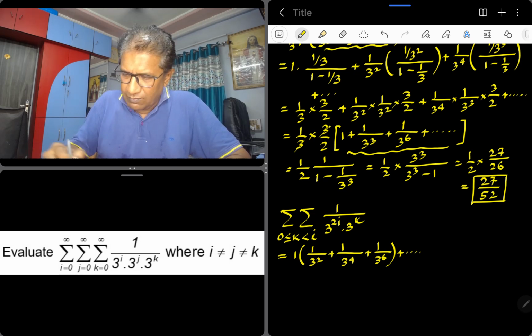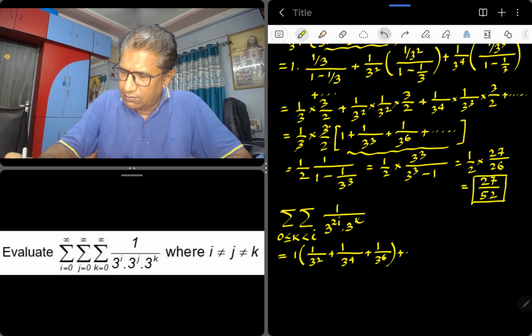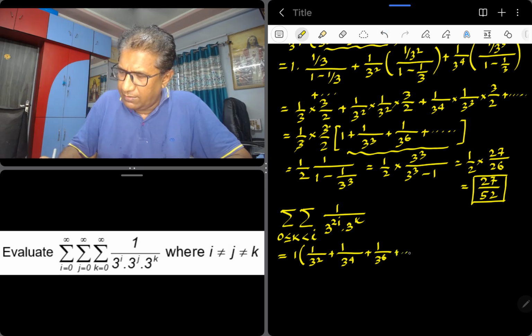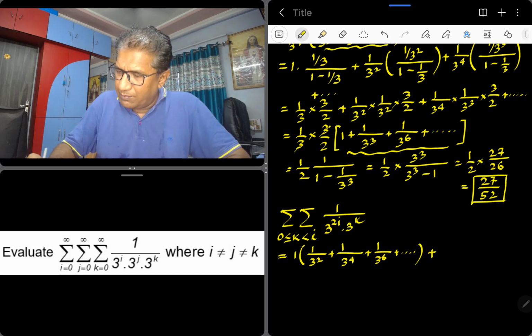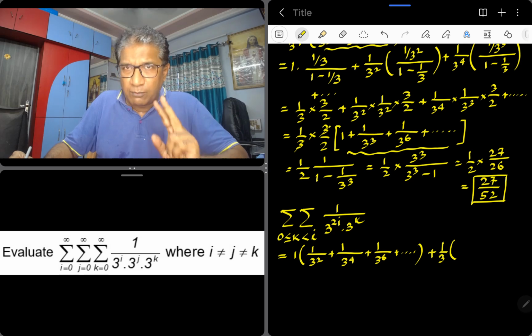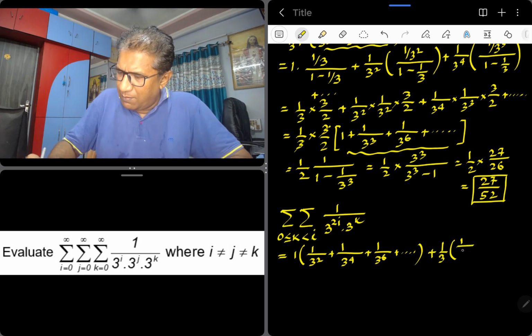Plus, this thing goes on actually. Then plus, now k is taking the value 1. So it is 1/3, and i will start taking the value from 2. So it will be 1 by 3 to the power 4, plus 1 by 3 to the power 6.